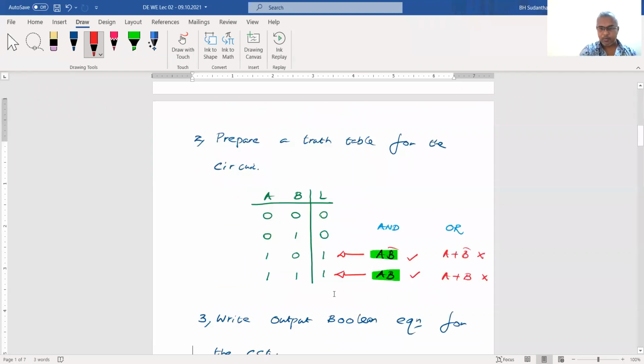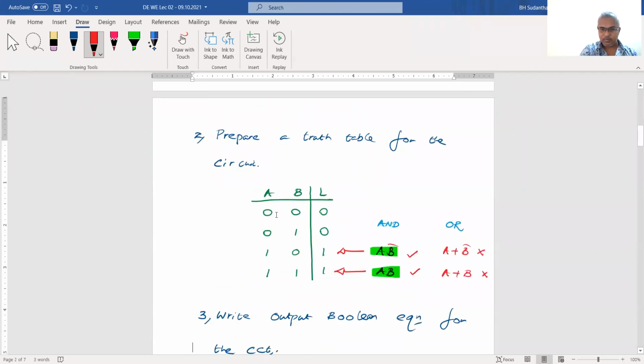Then in the second step, we prepared the table, including all the combinations. When A is open and B is closed, this is the combination, and at that time L should be 1. Here, both are open, so here also L should be 1. Then our next question was how to convert this into an equation. First, each combination should be converted into a term.